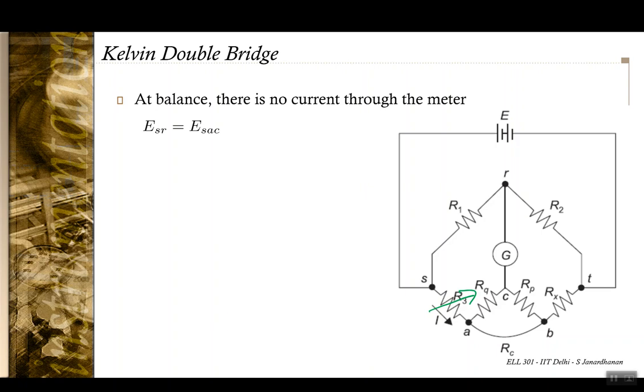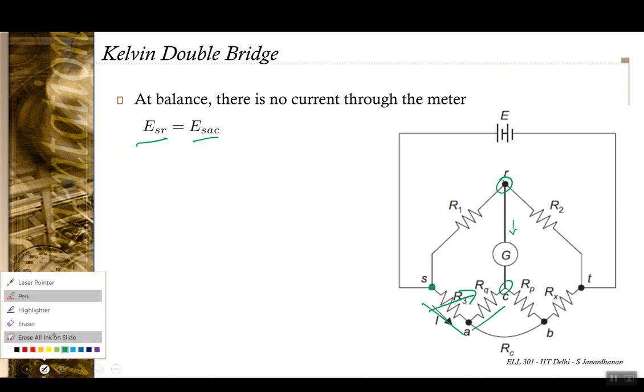So by appropriate change of R3, let us say that you have achieved balance, that is, there is no current passing through the galvanometer, which would mean that the voltage drop across this path, so the voltage at R is the same as voltage at C, so ESR would be the same as ESAC.